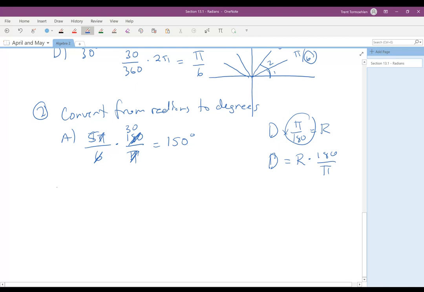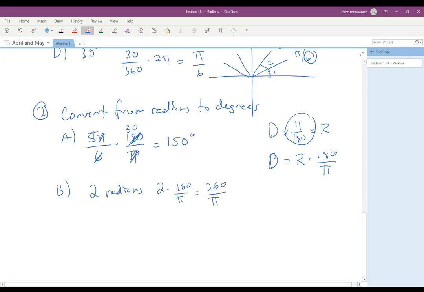If it's just a completely random angle, let's say something like 2, and so this is 2 radians, not 2 degrees. Well, what is 2 radians as a degree measure? Well, you just do 2 times 180 over pi, and that gives you 360 over pi.